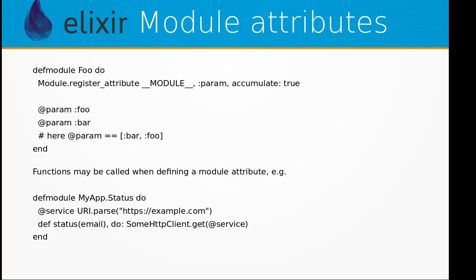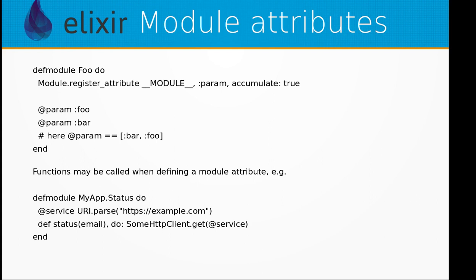So if we define a module called defmodule Foo do, we can register a module attribute, accumulate, and set it to true. Then we can define the parameters foo and bar, and then we can have the function that may be called when defining a module attribute.